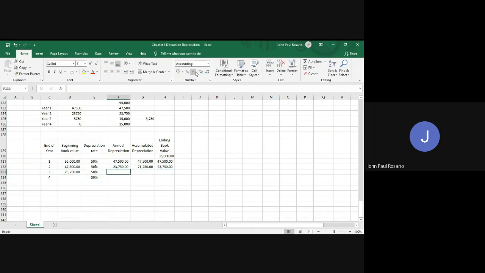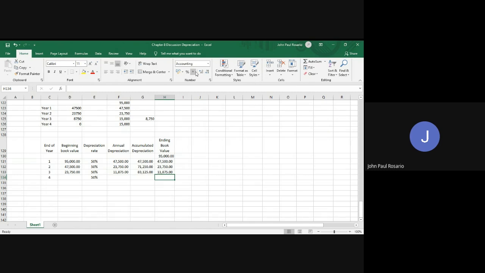And then we already know that on the third year, we cannot do this because it will entail that our accumulated depreciation will be 83,125 and our ending book value will only be 11,875, which is lower or smaller or lesser than our salvage value.